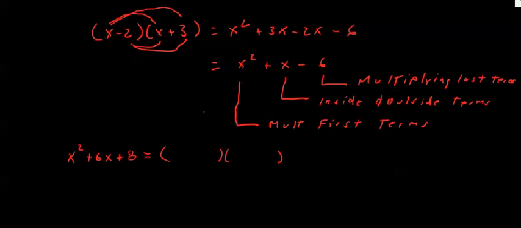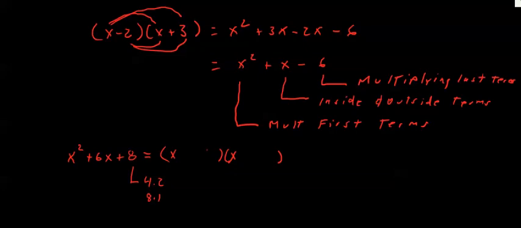So we had an x and an x. We've got to have an x and an x. The last term came from multiplying the last two terms. So what two numbers multiply together to give 8? 4 times 2 or 8 times 1.